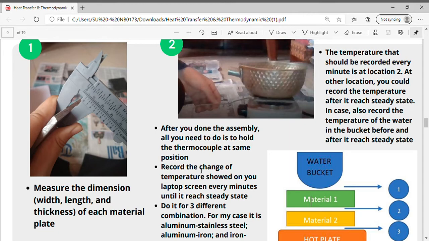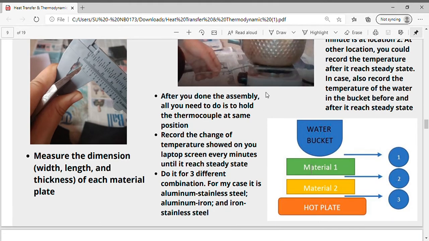And then for each minute that passed, you should record the temperature. I did it 3 times with 3 different combinations of sandwich. In my case, it is aluminum and stainless steel, aluminum and iron, and iron and stainless steel.